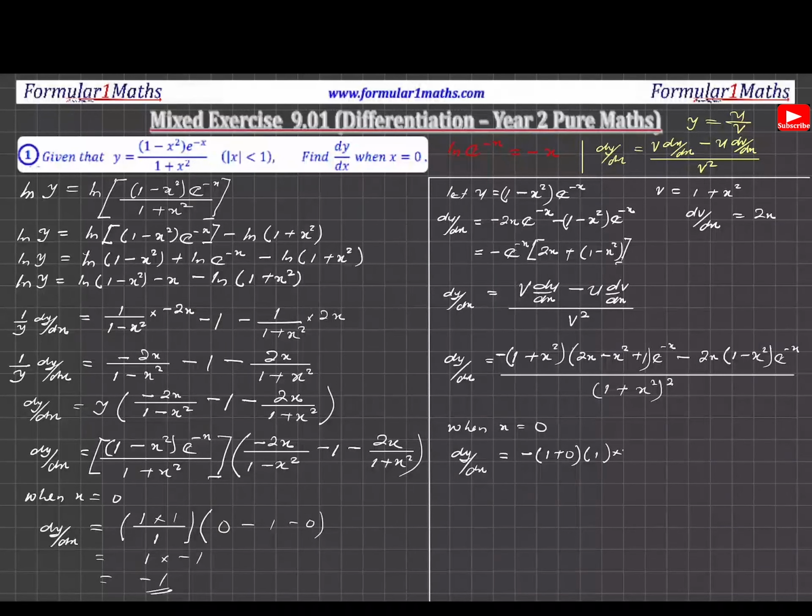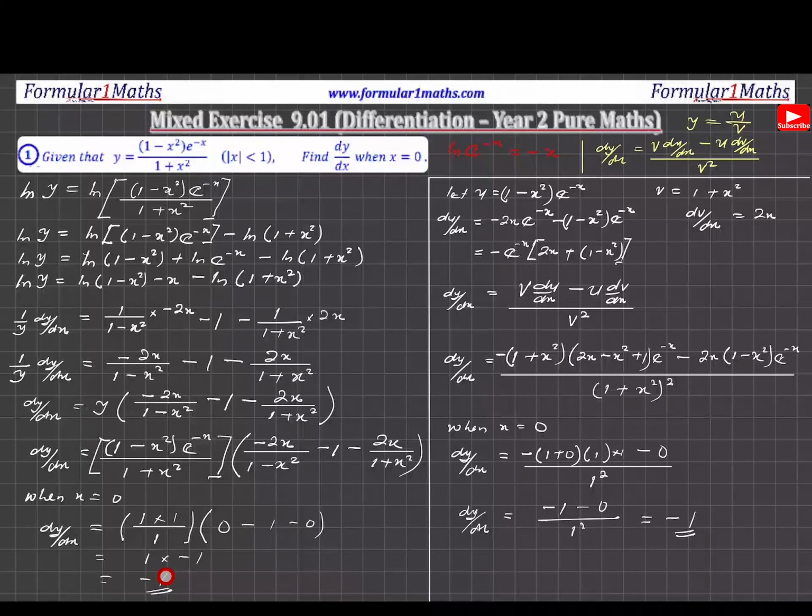So that will be times 1 minus. If I put 0 here, that will make the whole of that 0. So that will be minus 0. So all of that over, if I put 0 here, I'll get 1 here, and that will be 1 squared. So that will simplify to dy dx is equal to minus 1 minus 0 over 1 squared. And then we get minus 1 as our final answer.